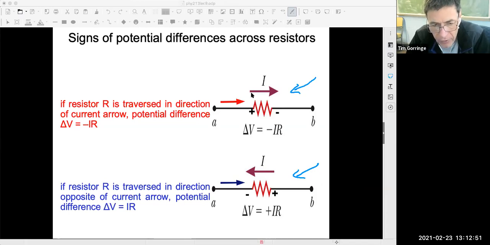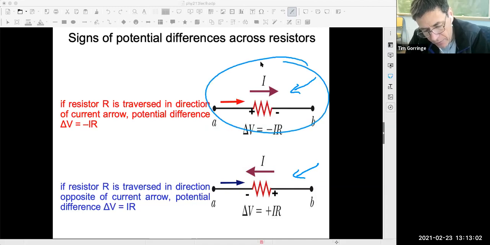Now, current is flowing down the potential hill, like water, it would flow down the staircase. And so walking in the top sketch here, in the direction of the current, that means I'm going down the potential hill. And so my change in potential is negative.